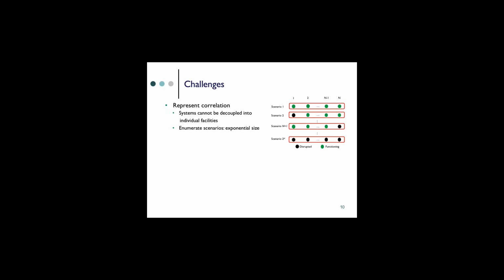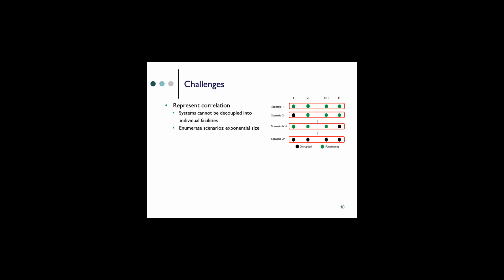Here, each scenario corresponds to one row. In each scenario, each facility is either functioning or disrupted. Then to calculate the total system cost, we have to compute the cost in each scenario and finally calculate the expectation value across all these scenarios.